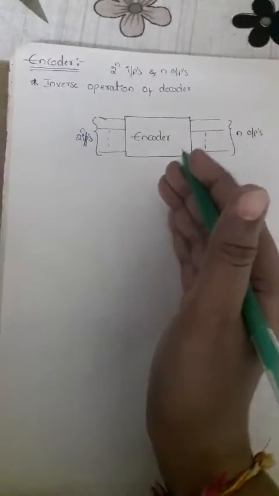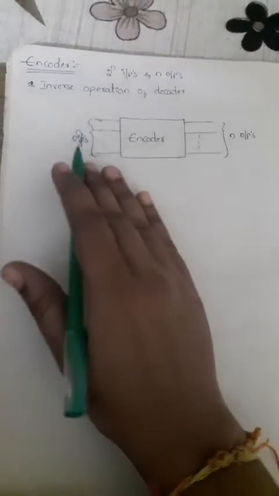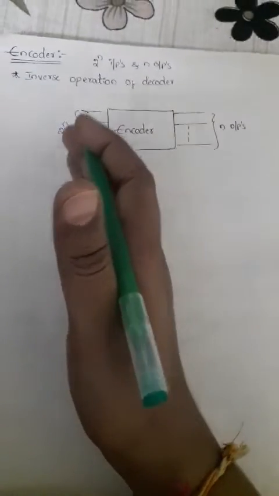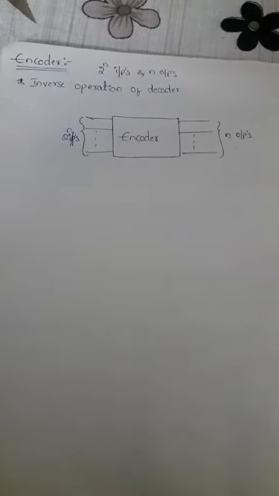If the enable pin is 0, the circuit is off. If the enable pin is 1, then whatever input line we have, any one of the input lines will be selected at the output stage. That is the decoder circuit.